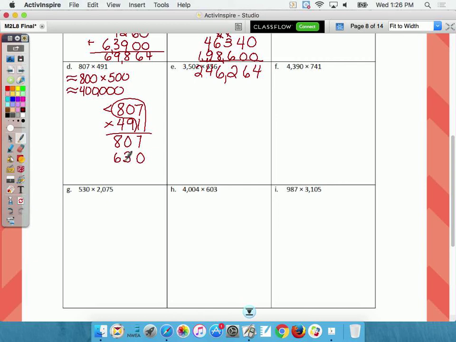We would end up adding 6 to 0 and getting 6. 8 times 9? 72. Okay. Anything times a multiple of 100, add 2 zeros. Good. So now I have 4 times 7. Do I regroup the 2? No. Why not? Because there's a 0. 8 times 4? 32.